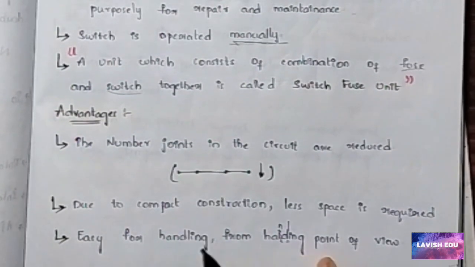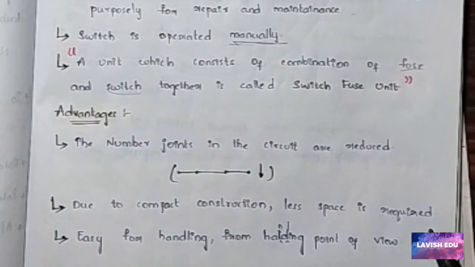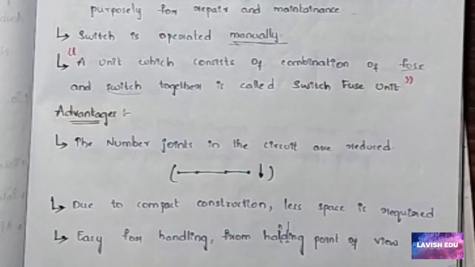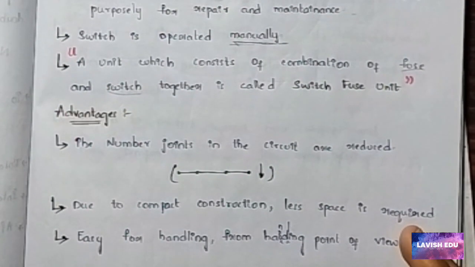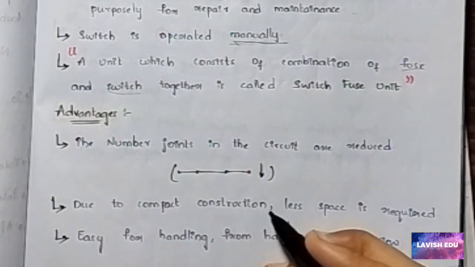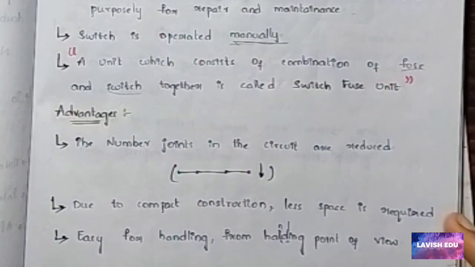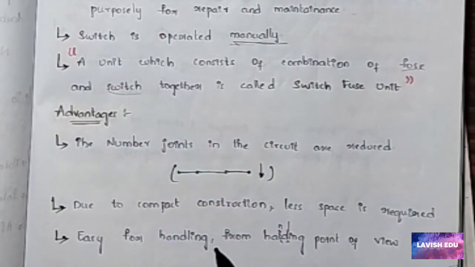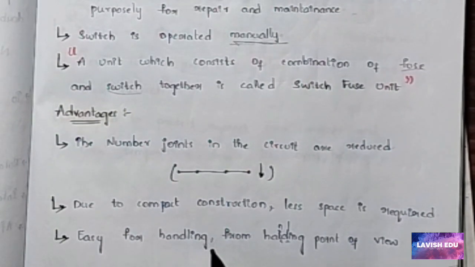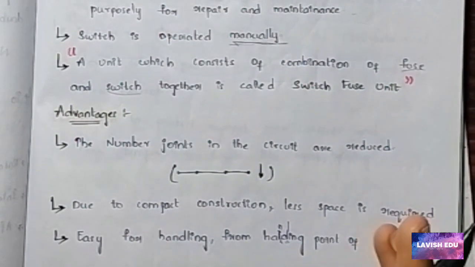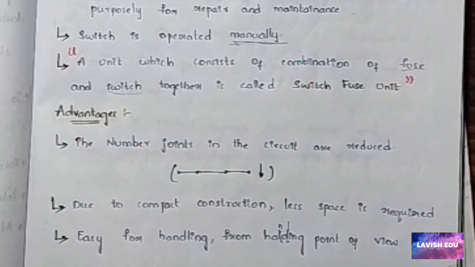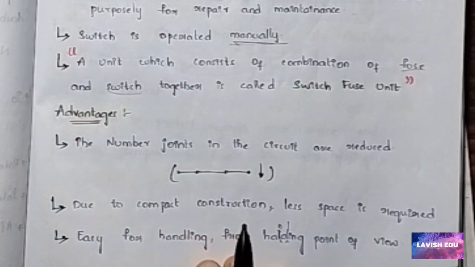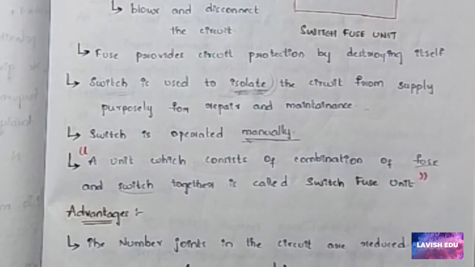The second point: due to compact construction, less space is required, and it is easy to handle manually. The third point is that it is easy for handling. This is all about the switch fuse unit.